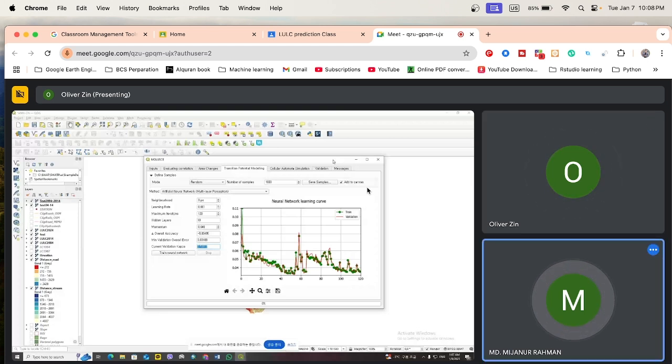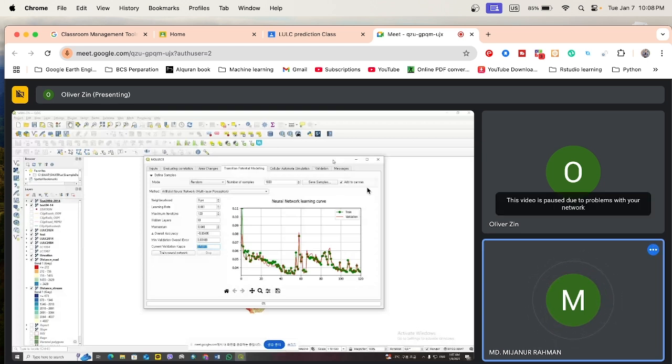In this curve you can see we find two lines, one line for the training and another line for validation. So basically, a learning curve in a neural network is a visual representation of the model's performance over time as it learns from data.